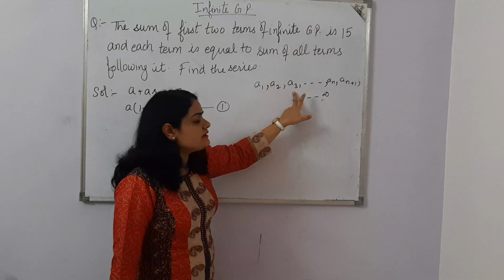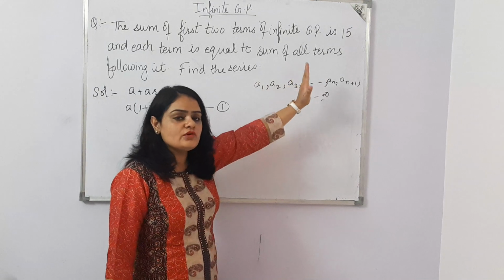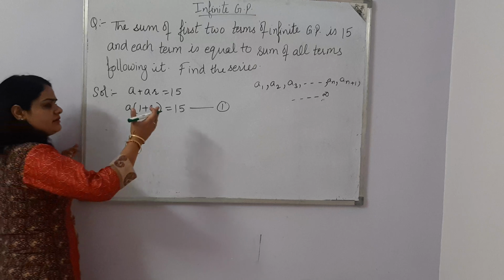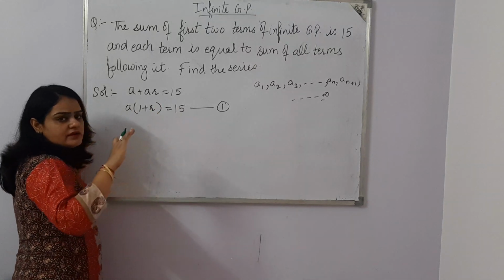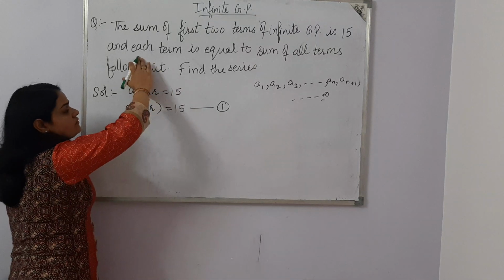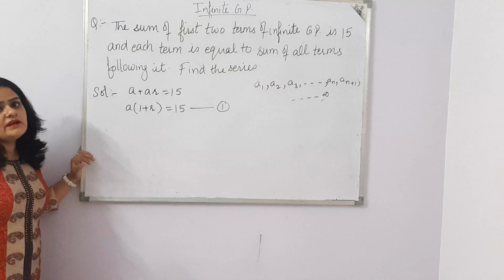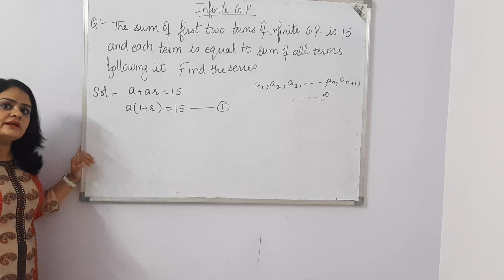If I am talking about a3, then a3 is equal to a4 plus a5 plus a6 plus a7, so on up to infinity. So I am taking a general term instead of the second term or third term, because the term is not given. The question is saying each term, so every term. So we can take the second term, the third term, or the nth term.